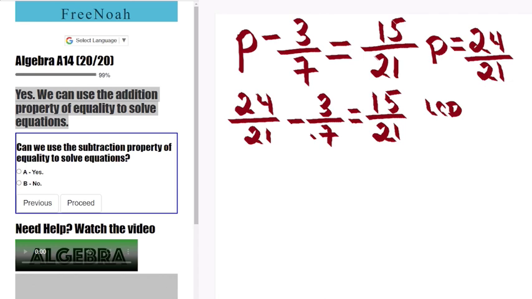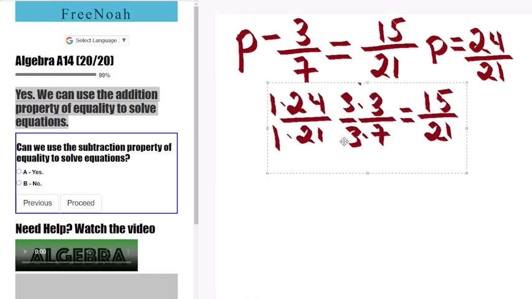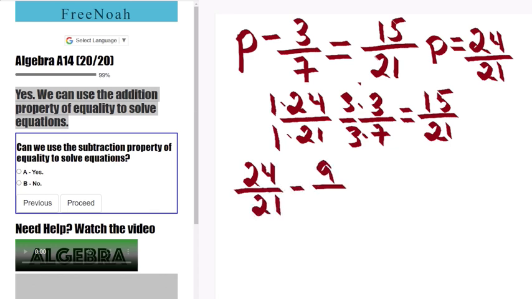So 3 times 7 and 3 times 3. And then we have 1 times 24 and then 1 times 21. After multiplication here, we're left with 24 over 21 minus, 3 times 3 is 9, over 3 times 7 is 21.